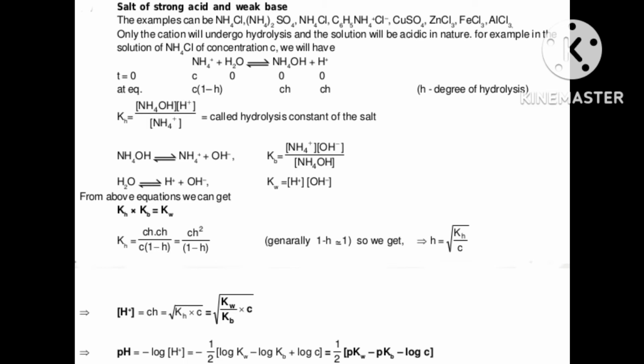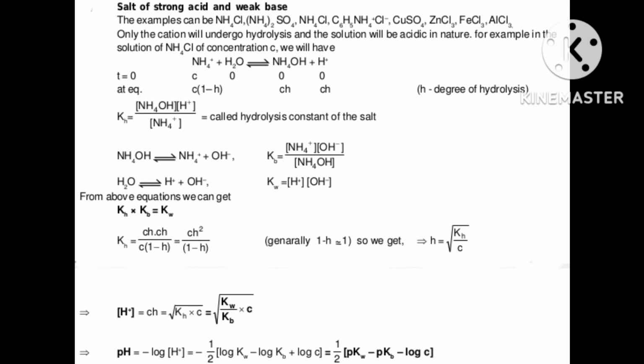But here you have to give importance to the hydroxyl ion, OH ion. The hydroxyl ion concentration will be C into alpha, where C is equal to 0.05 M. So C into alpha means 0.05 M into alpha. That is the OH ion concentration.